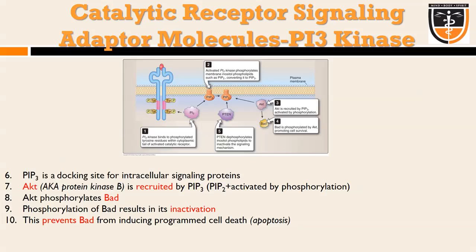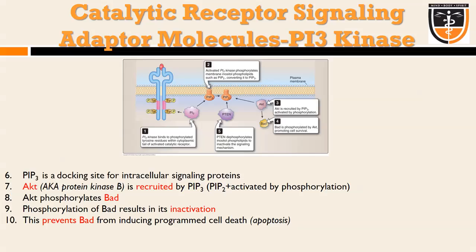And what AKT is going to do, I'll tell you why it's all bad. Interesting, in BAD. That's a good one. AKT will now phosphorylate BAD, another molecule, and phosphorylation of BAD will result in its inactivation. So this whole process makes BAD disappear. Okay? You don't want BAD in a cell, do you? It's bad. And I'll tell you why it is bad.